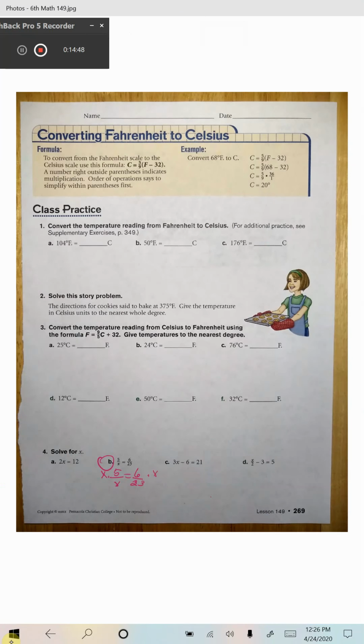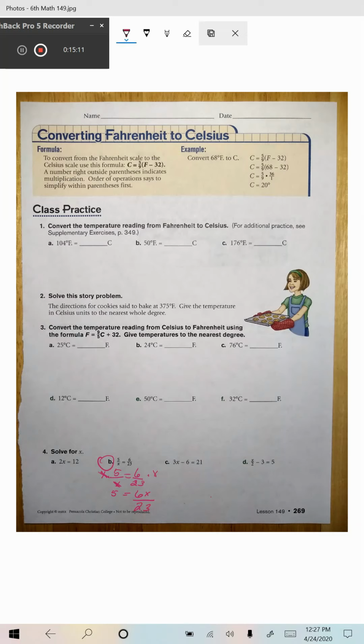I'll just write this like this, which you don't really have to write in the future. So now this is gone. Do you see how that's gone? Over here, I'm left with just 5. Now over here, I have 6 times x over 23, or divided by 23.